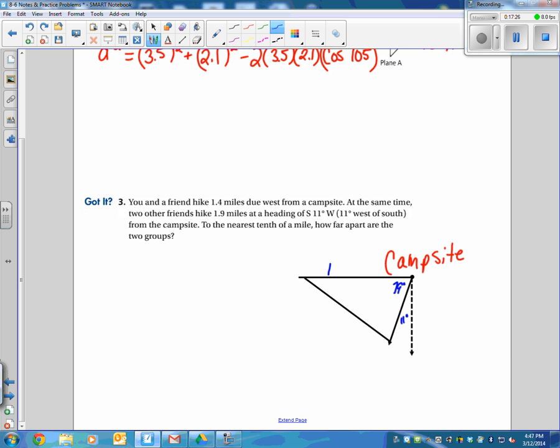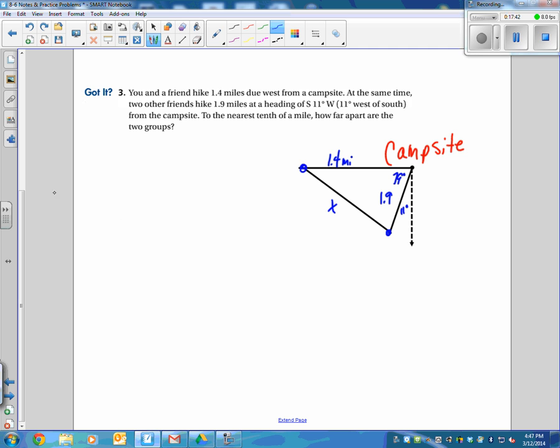We're moving west 1.4 miles, right? And they were moving southwest at 1.9 miles. So the question is, what is that value from here to here? How far apart are we now? So I can say that x squared is equal to 1.4 squared plus 1.9 squared minus 2 times 1.4 times 1.9 times the cosine of angle 79 degrees.